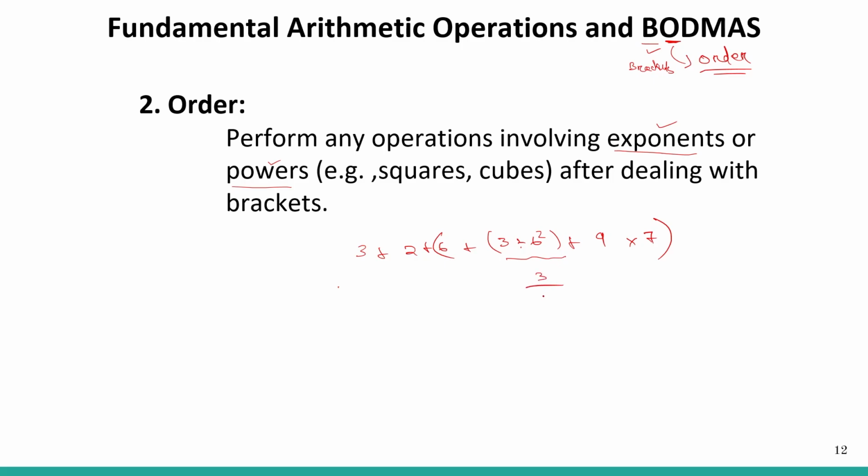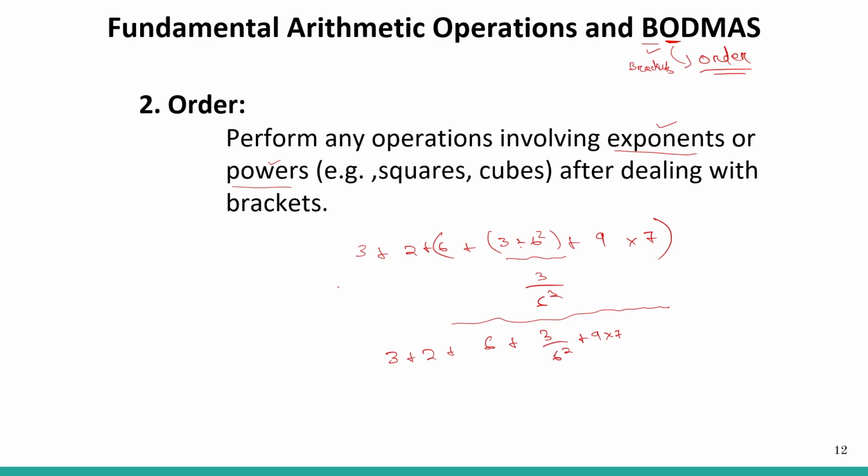So it becomes 3 by 6 square. Then we go for further brackets. Are there any other brackets? Yes, so we evaluate further and get out of these brackets. So 3 by 6 square plus 9 into 7 is what we are left with. What we do next is search for powers or exponents, because we are done with brackets, right?